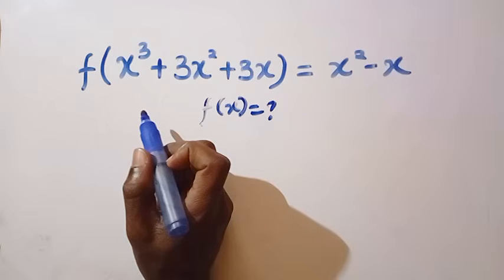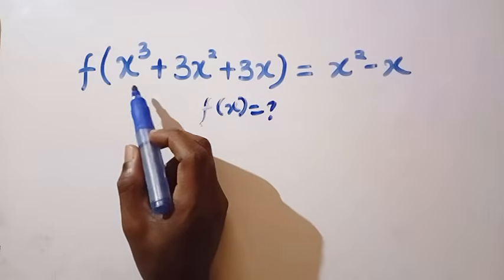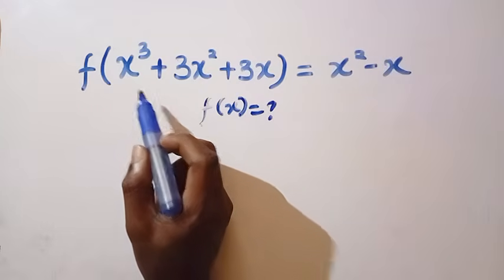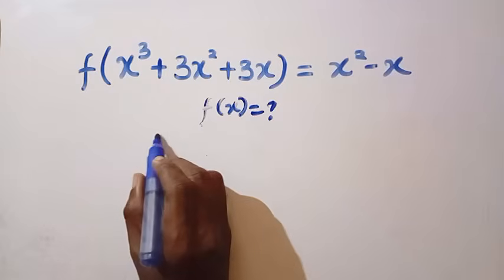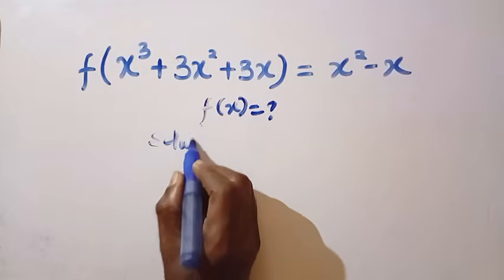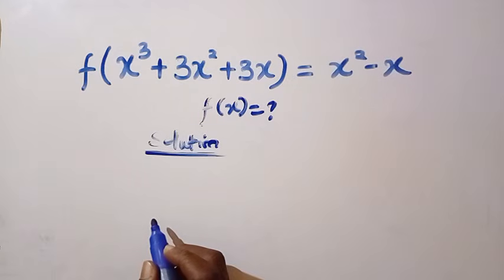How can we solve this, and do a quick check of what we get against the original argument? Let's consider the step-by-step solution, but you can pause this video and give it a try in the comment box.